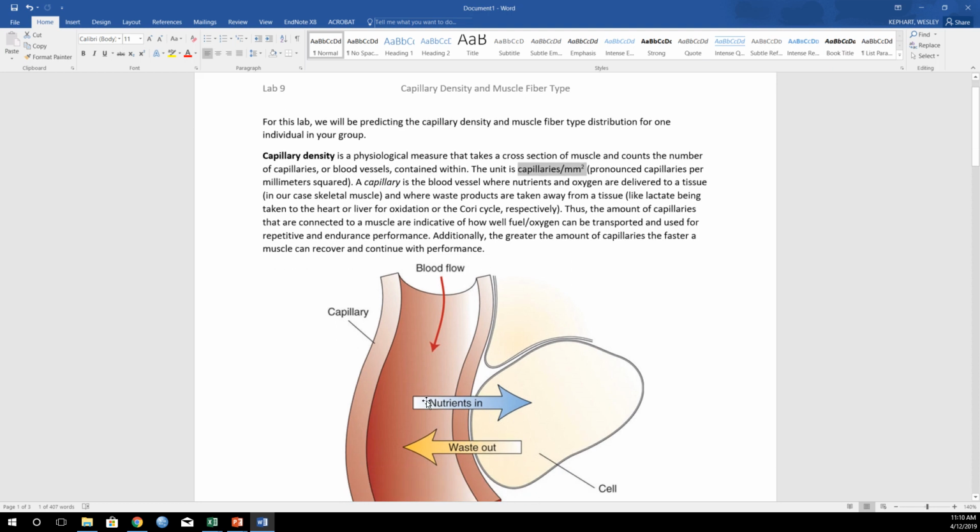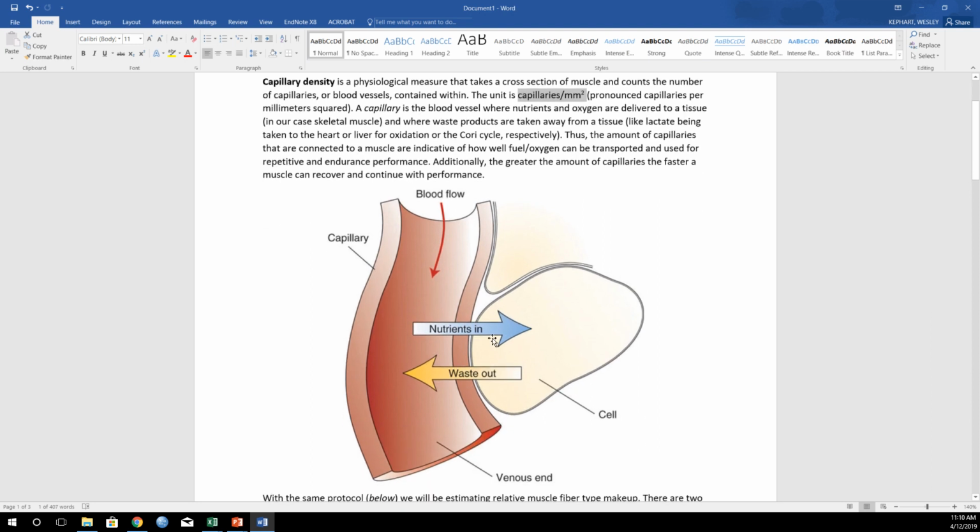Think about glucose, sodium, water, oxygen, really anything that a muscle could possibly need. And waste out, think things like hydrogen ions, lactate, phosphates, anything that might inhibit a muscle from contracting many times.